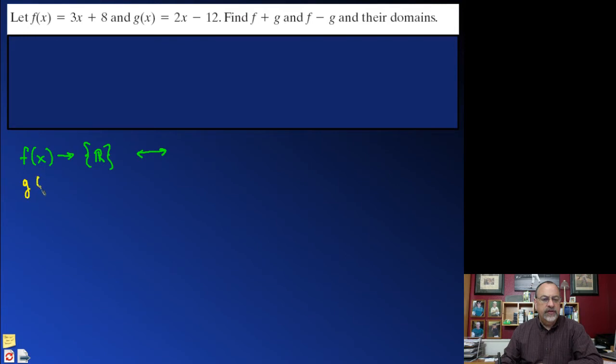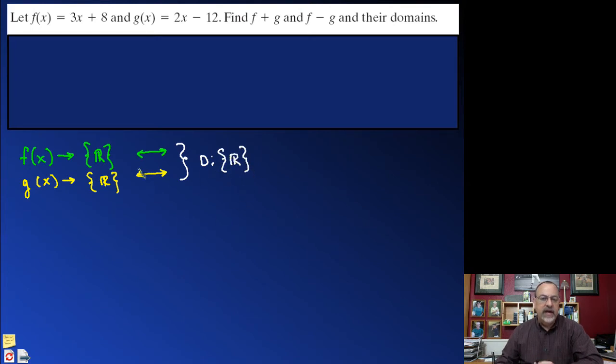The g function's domain, again, does not have any division, no radicand, so it also has a domain of all real numbers and would be this. And then what I would look for would be where these two lines overlap. Well, because they both go on in both directions forever, they overlap everywhere. So the domain of the new function is going to be all real numbers as well.